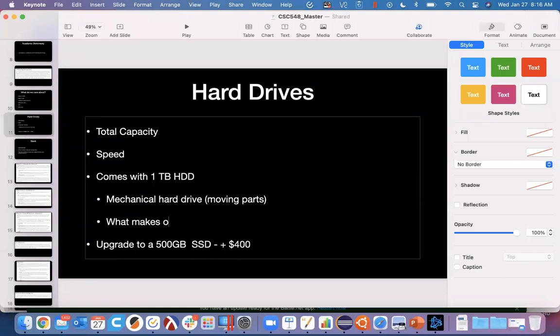What makes one HDD better than another? What do we look at for these kind of drives? So if you're shopping for hard drives, what makes one HDD better or worse than another?